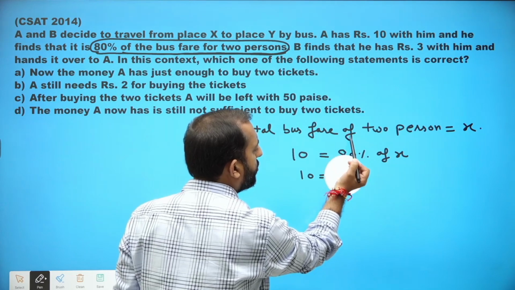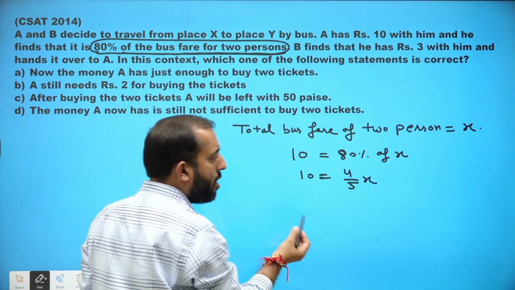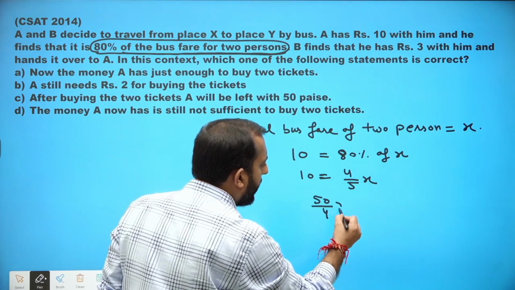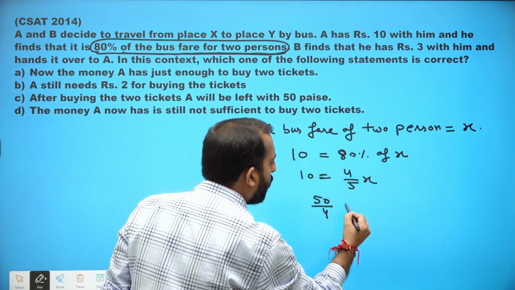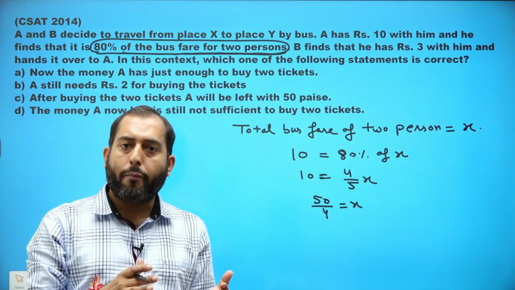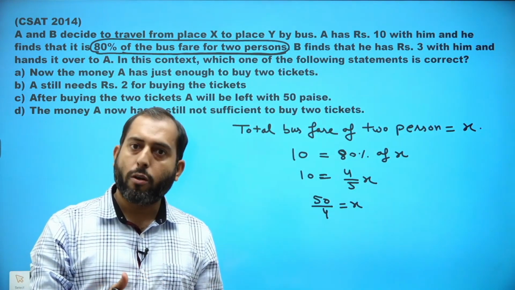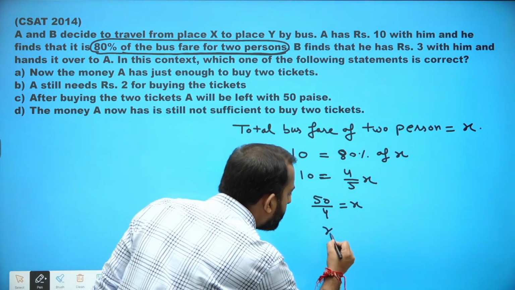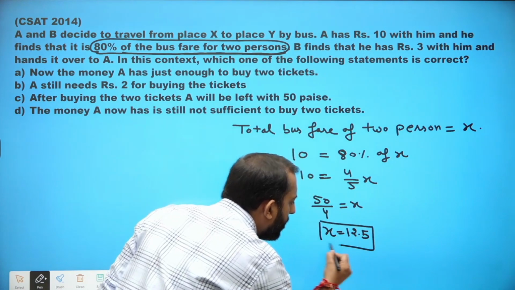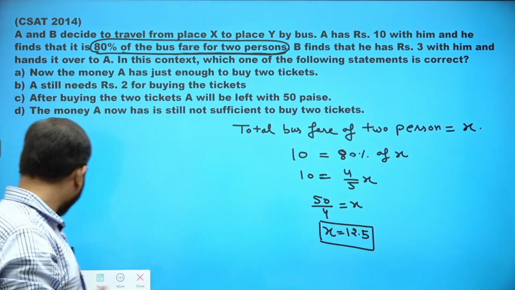And 80% is 4 upon 5 into X. So it becomes 50 upon 4X. So the value of X is 50 upon 4. What is half of 50? 25. What is half of 25? 12.5. So X comes out to be 12.5. So the total money required for the fare of two people is 12.5 rupees.